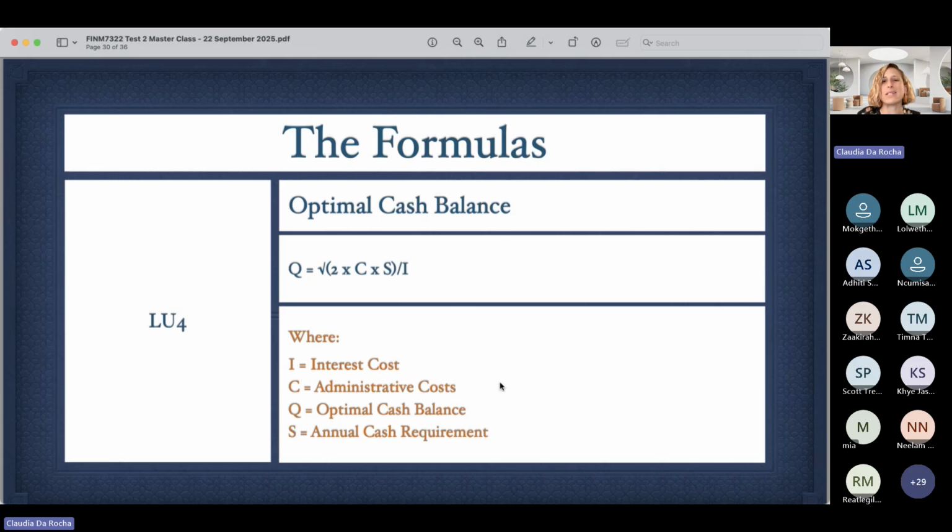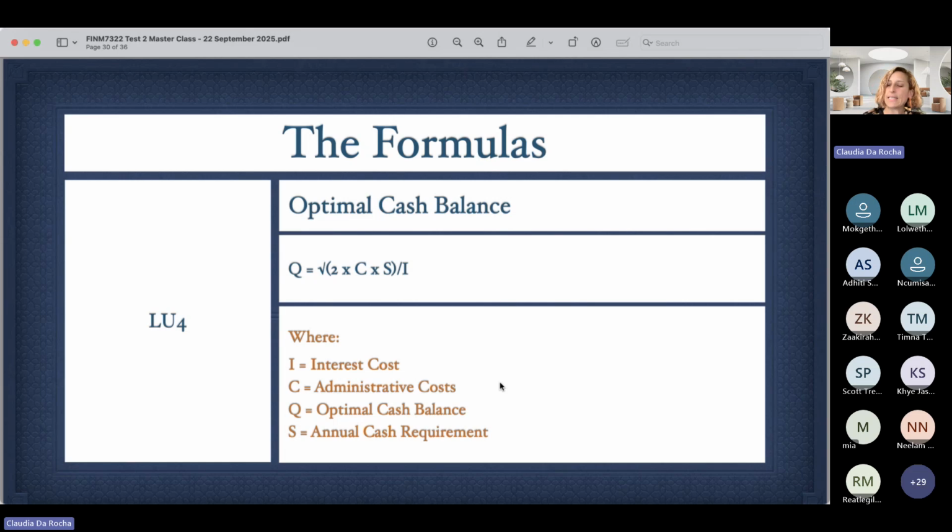For now, these formulas are for our cash management. Okay, the first one is part of one of the models that exist. There are two models that you need to know. The one being the Baumol model, and the other one being the Miller-Orr model. Okay, this is the Baumol model.